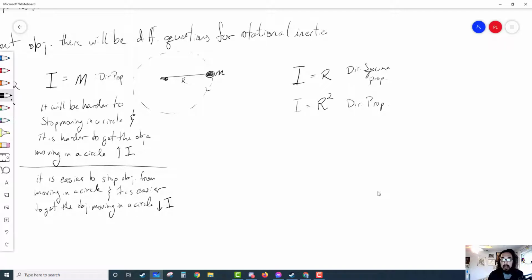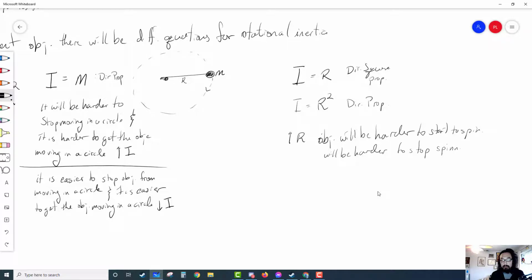So if the radii were to increase, the object, I'm going to write this out, you should too, will be harder to start to spin. Man, that sentence is ugly. So is my handwriting. And it'll be harder to stop spinning.